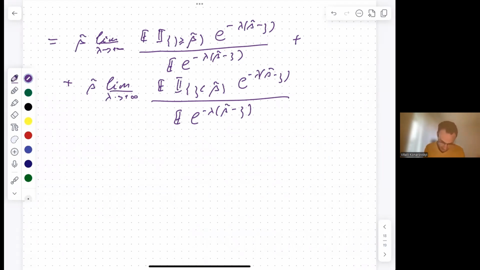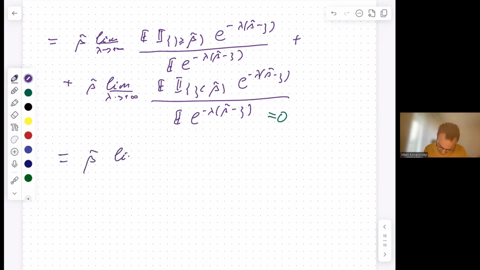And then this limit, as we said, is equal to 0. Then we can put the two limits together, and when we do that, you will have the sum of indicators, which is equal to 1. And it is what I want to obtain.